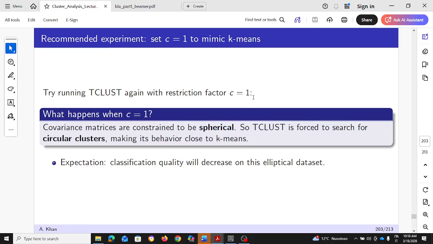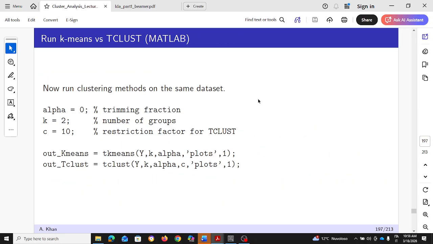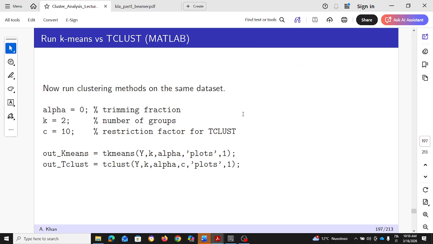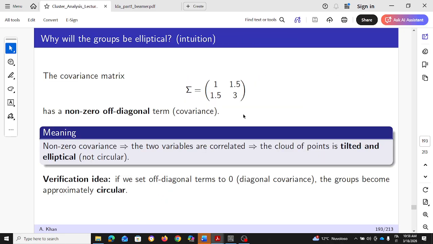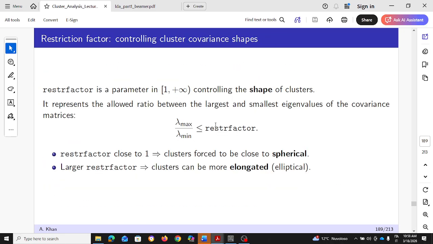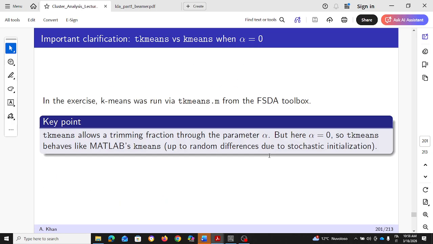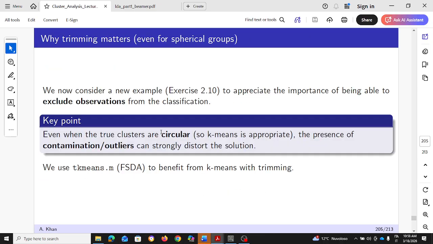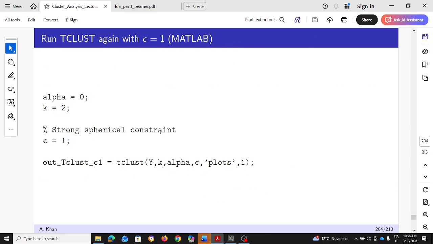Similarly, if we consider the value of C equal to 1, that ratio lambda max divided by lambda min, if this value is equal to 1, C equal to 1, we said before this is again a spherical structure, a spherical cluster, which is again a special case.